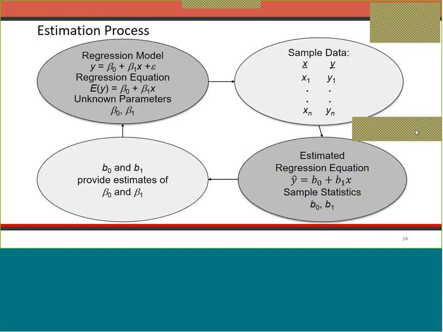So on the whole, I want to construct a y equal to beta naught plus beta 1 x plus epsilon model for a population. It's not possible. So to calculate the unknown parameters beta naught and beta 1, we estimate them through sample statistics b naught and b1. That's it. It's an estimation.